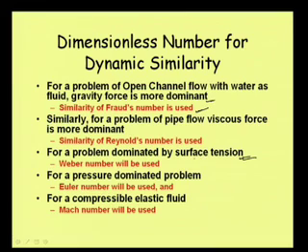Similarly, for a problem dominated by surface tension, we go for similarity of Weber number. If we recall our previous class, the Weber number is the inertia force divided by the surface tension force. For pressure dominated problems, we go for Euler number similarity, and for compressible elastic fluid, we go for Mach number.